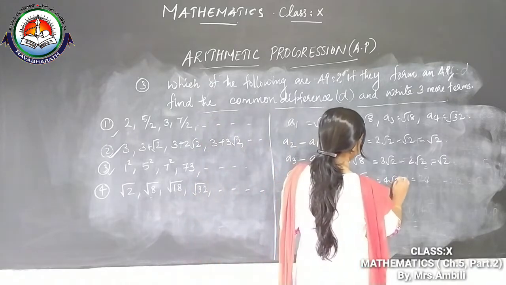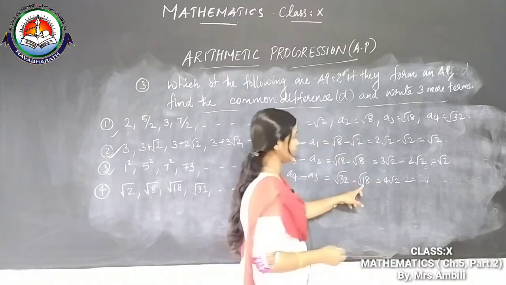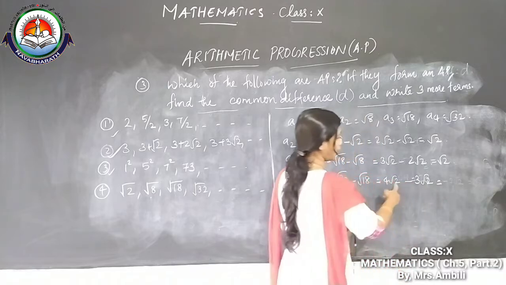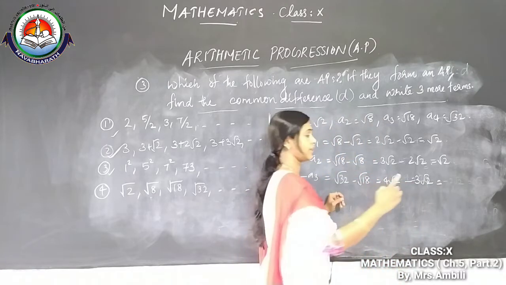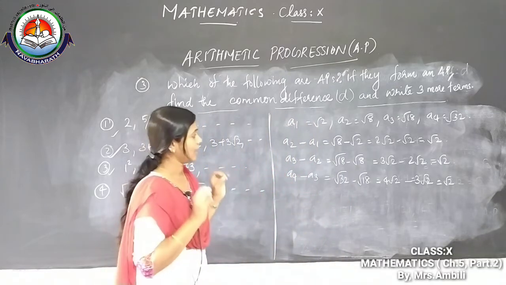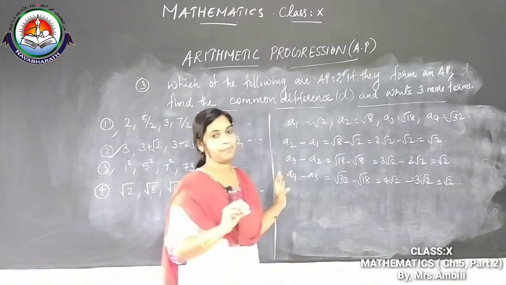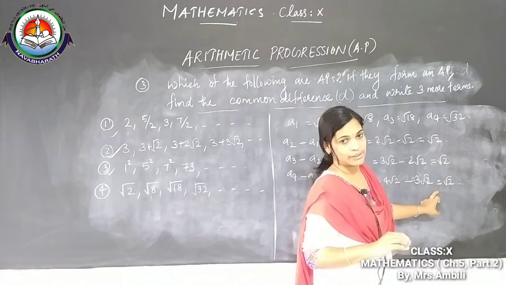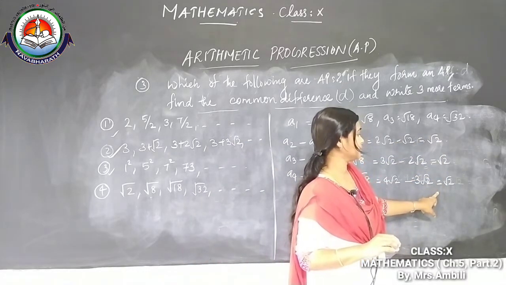So 4 root 2. Minus root 18 we can change 3 root 2. So 4 root 2 minus 3 root 2, 1 root 2. Okay. Now our last question also is an AP, because the difference between the successive terms we got root 2.